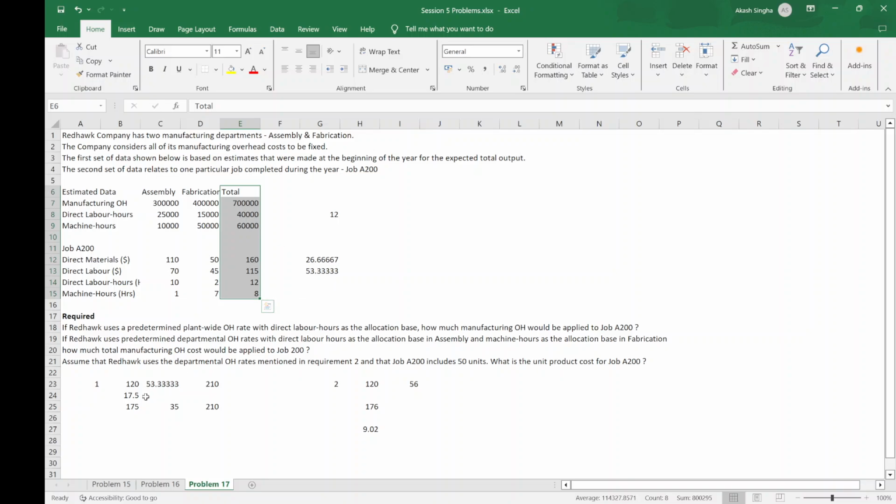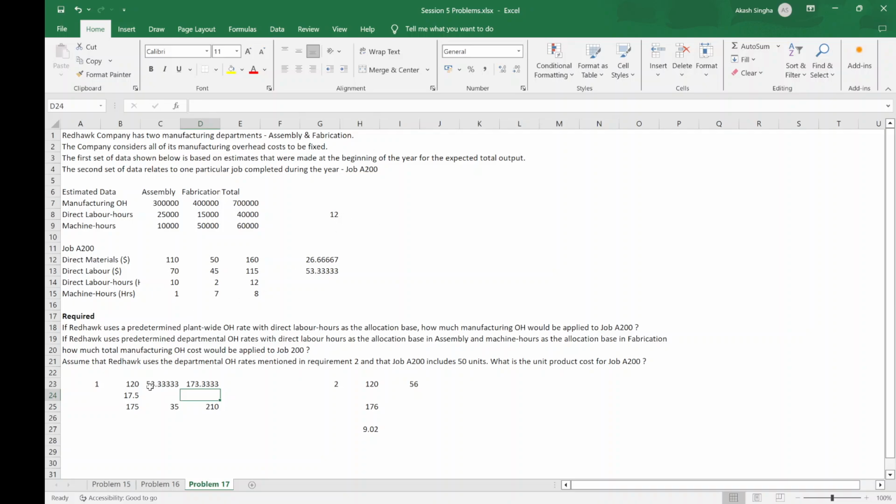So we can just create these two, and it should be the sum of it, not the rate. So this should be 20 plus 53.3, 173.33.